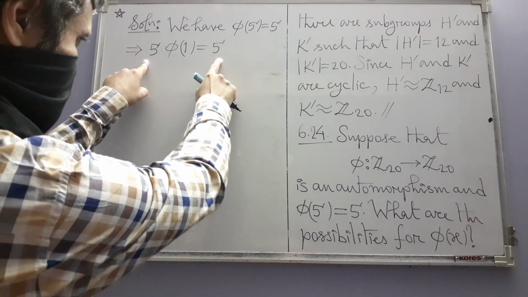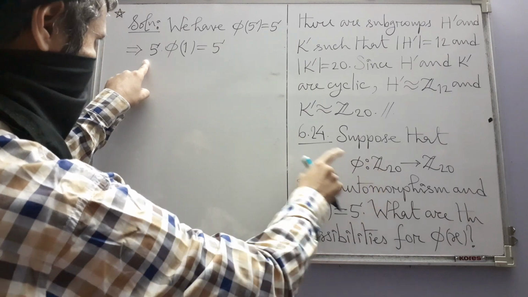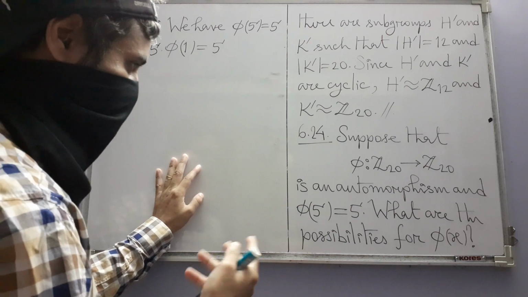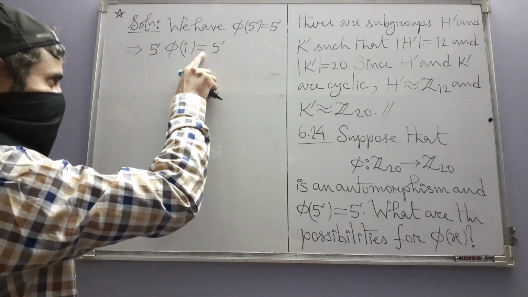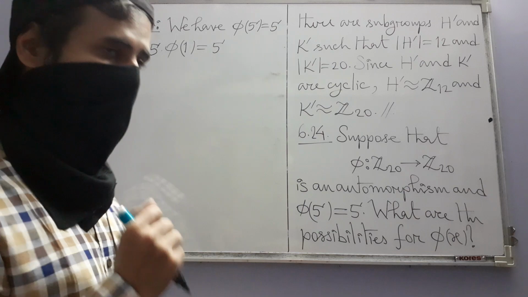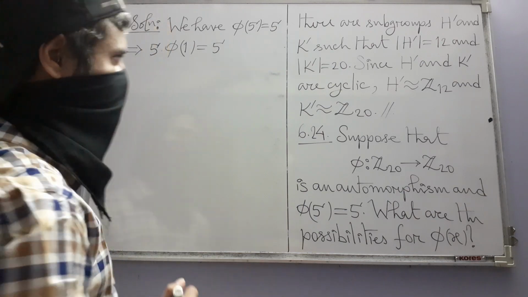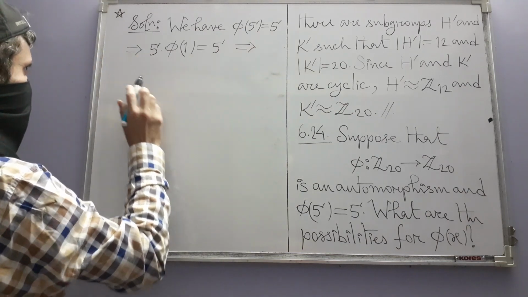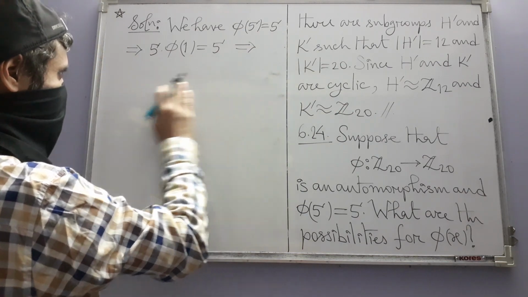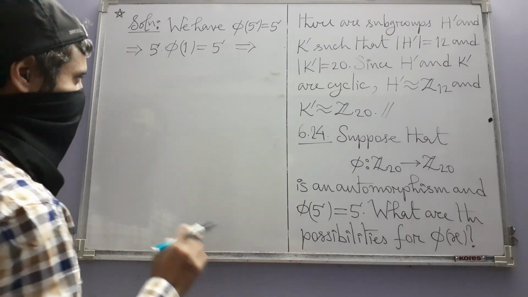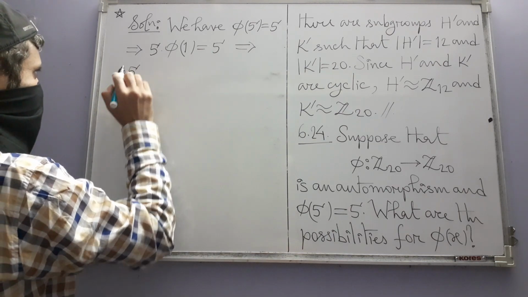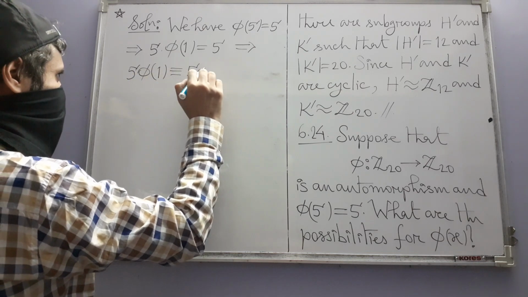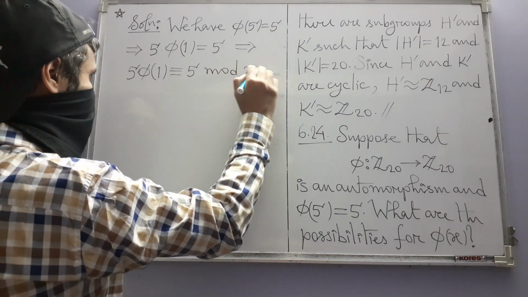Now this is an ordinary equation in this group, but if you treat these individual objects as ordinary integers, then this equality will turn into a congruence modulo 20. Which means that this implies, just writing that same condition in the language of congruences, 5 times phi of 1 is congruent to 5 mod 20.